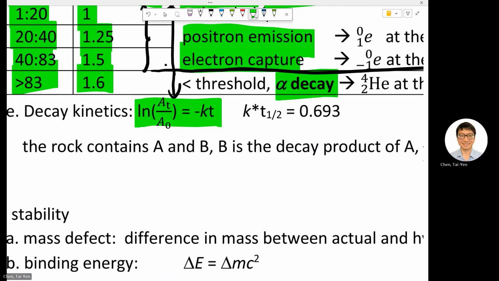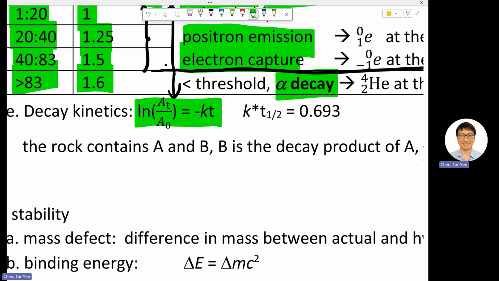The second very important thing is that this A_t is the remaining substance A, not the final decayed product. That is a clear distinction you must have.